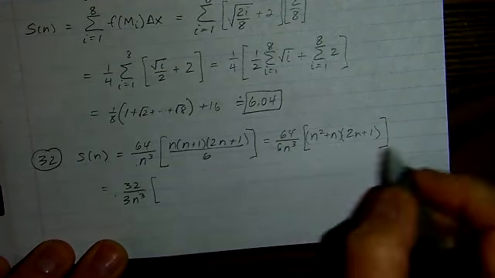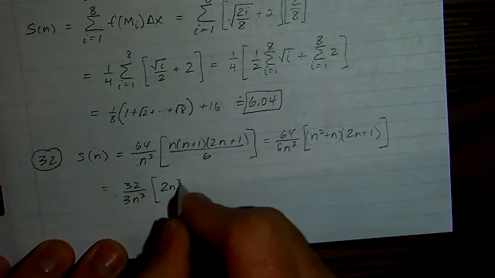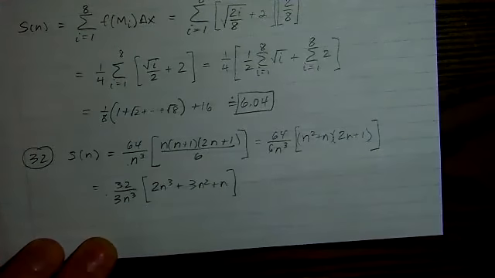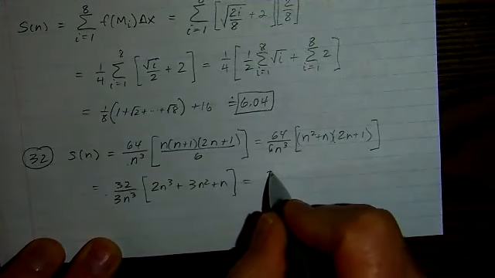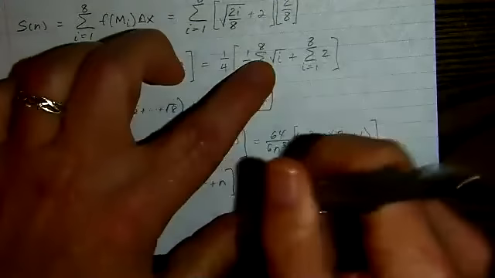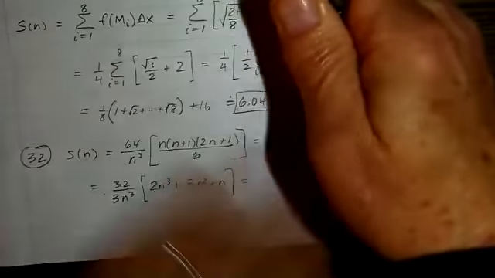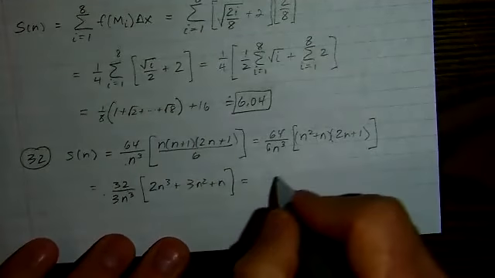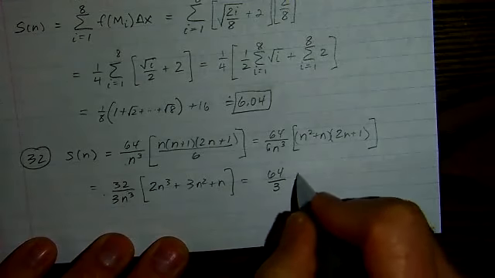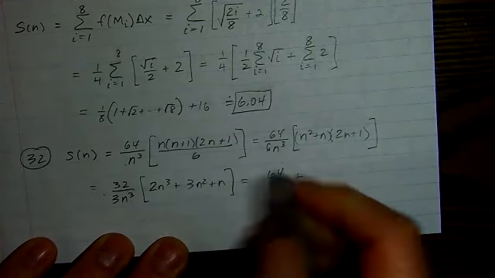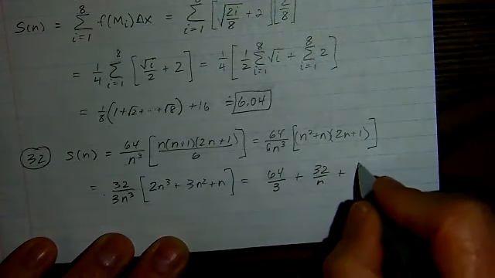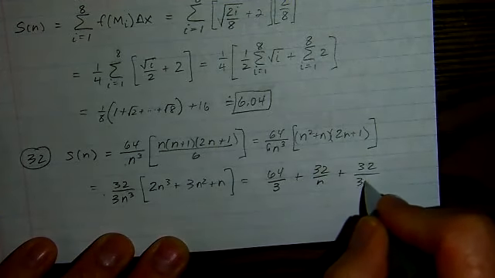Inside, we're going to just expand this out and you can verify you get 2n cubed plus 3n squared plus n. And then we just multiply that out. We're going to get 64 over 3 plus, distributing here, 32 over n plus 32 over 3n squared.